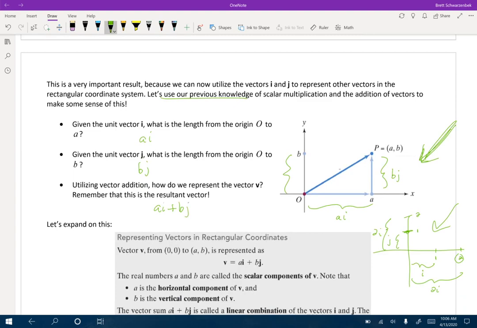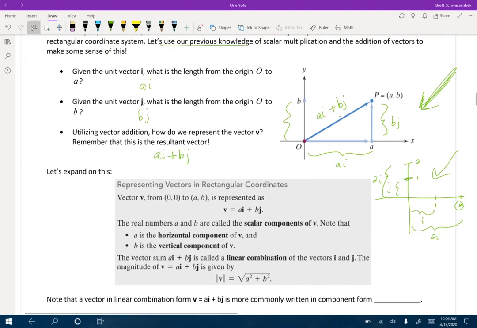It's going to be ai plus b times j. It turns out that every single vector that you can create can be represented by ai plus b times j, which is going to be the standard for stating what a vector is.